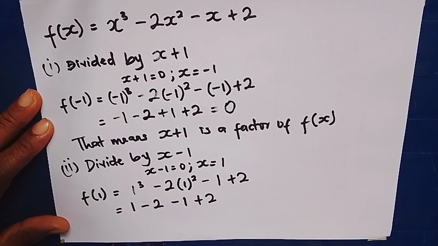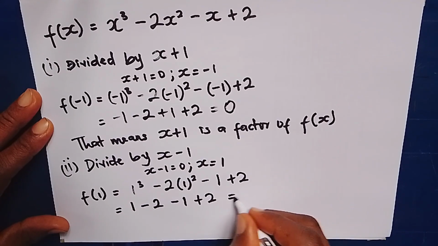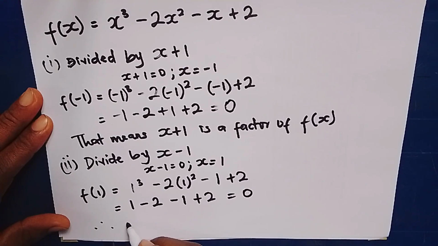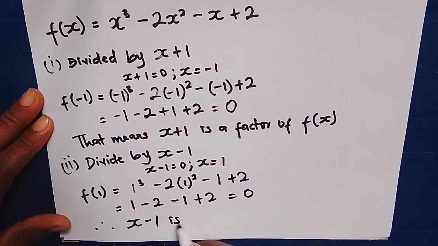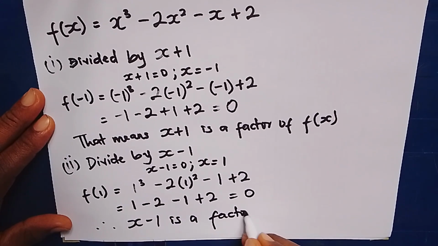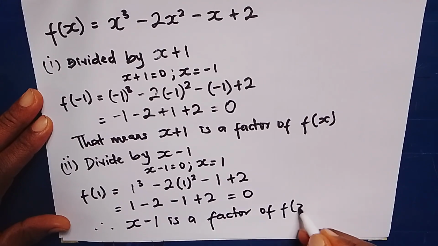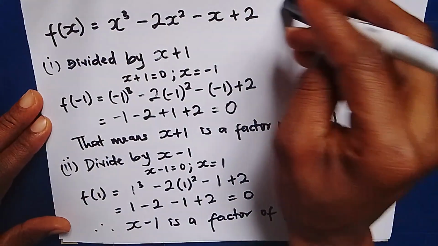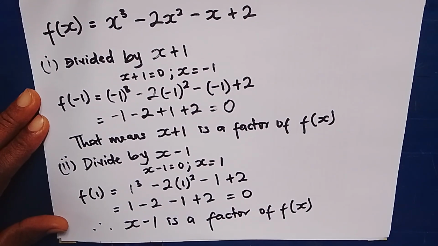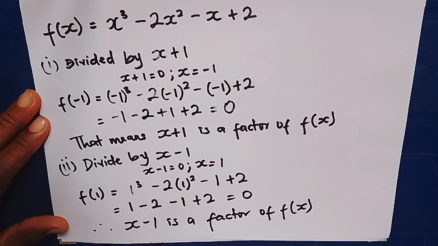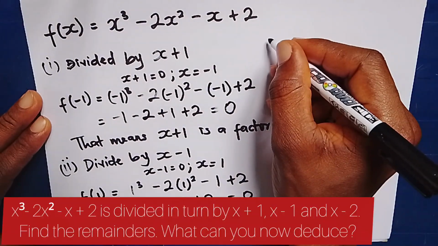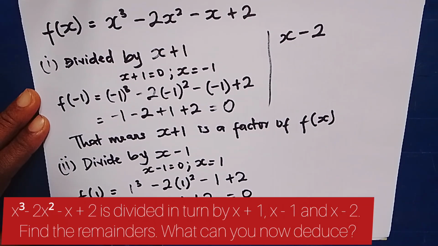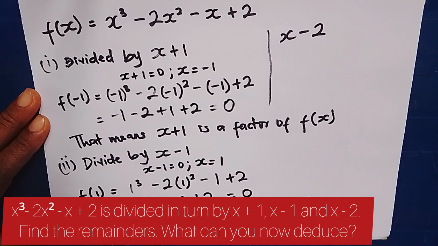Minus 1 minus 1 is equal to minus 2. Minus 2 plus 2 is equal to 0. So therefore x minus 1 is a factor of f of x. So that means x minus 1 will divide through f of x completely without leaving a remainder. You can test this with your long division, and then you can also do the same test with your x minus 2. What you'll find is x minus 2 is also a factor of f of x.